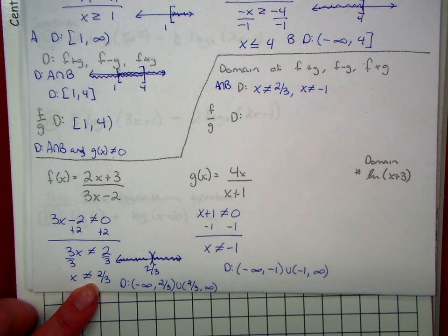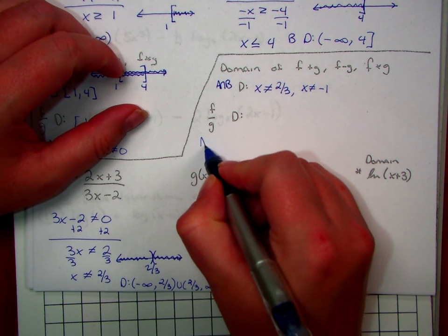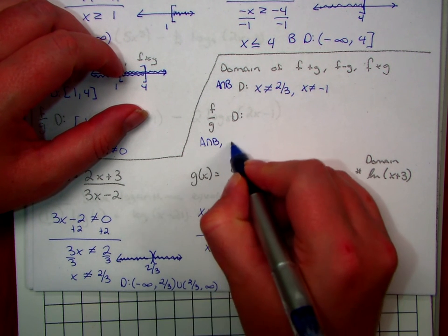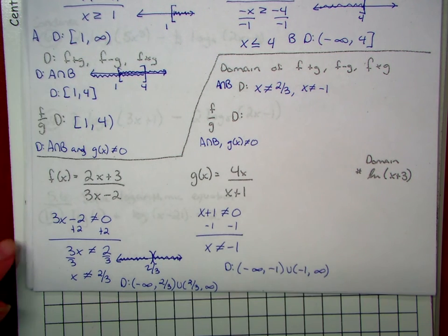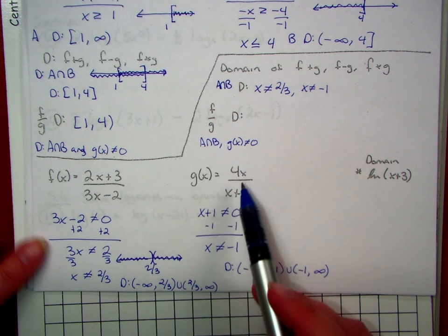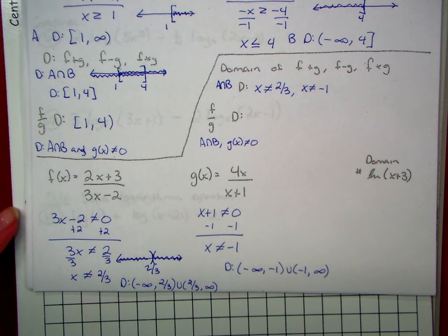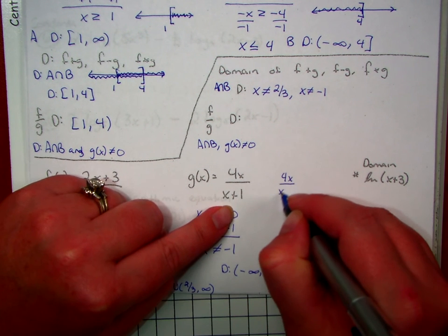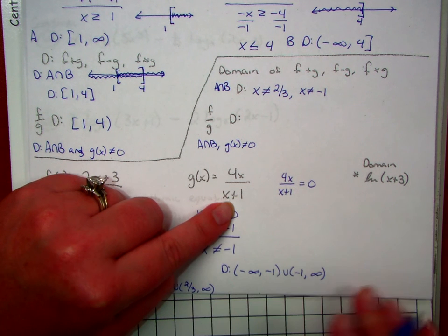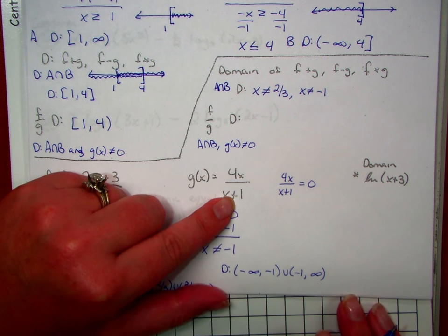Now, what about f divided by g? Remember, it's A intersect B, and g of x can't equal 0. So you have to look at the g function. When is g going to equal 0? If you can't see it right away, set g equal to 0 and solve, and it will give you your value.